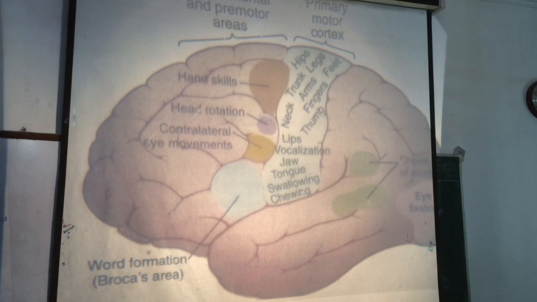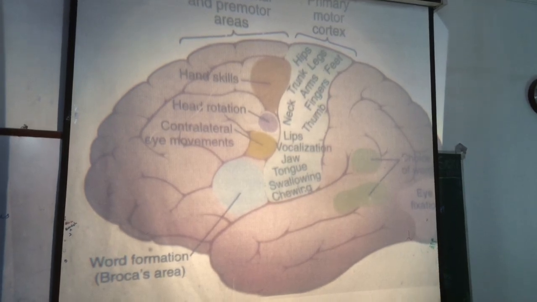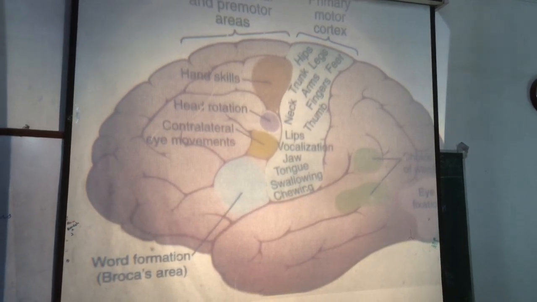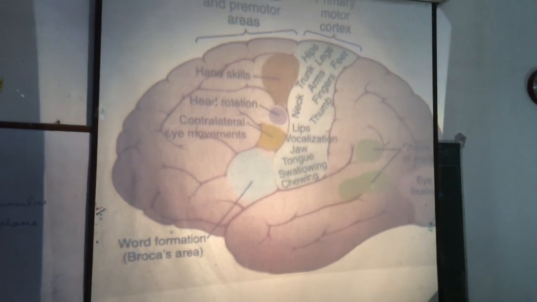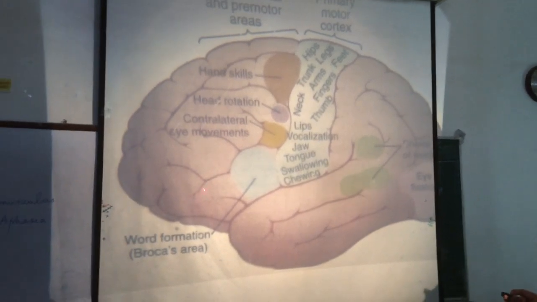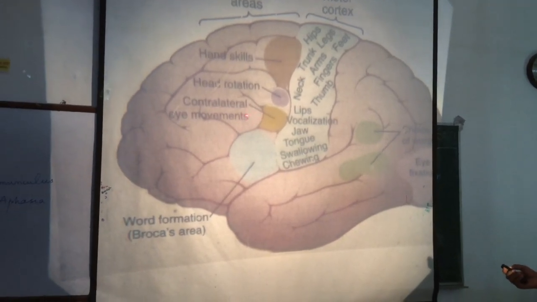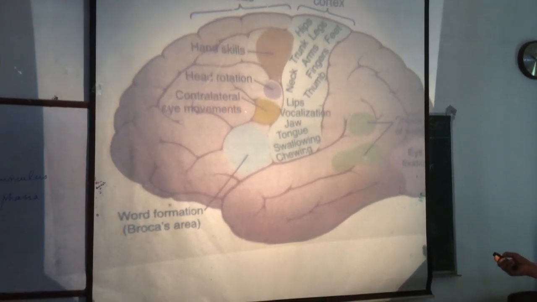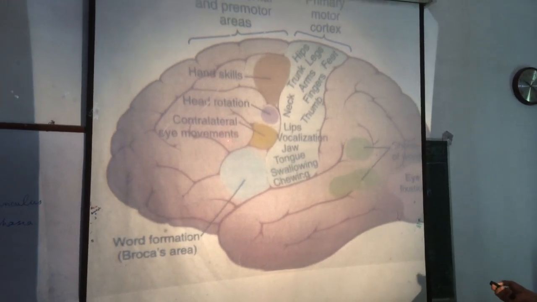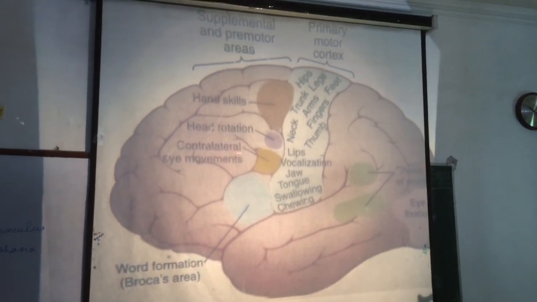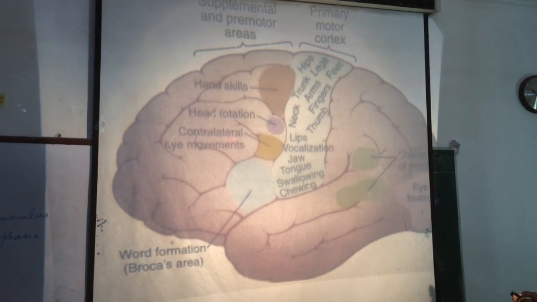Now, the other special motor area is the frontal eye field, located in the middle frontal gyrus, Brodmann's area 8.